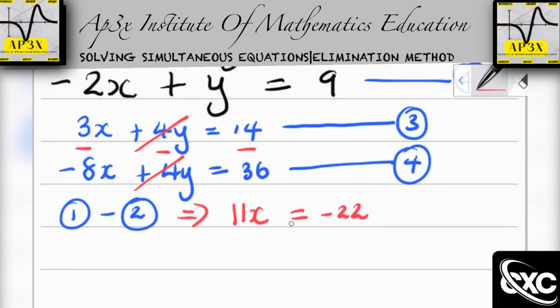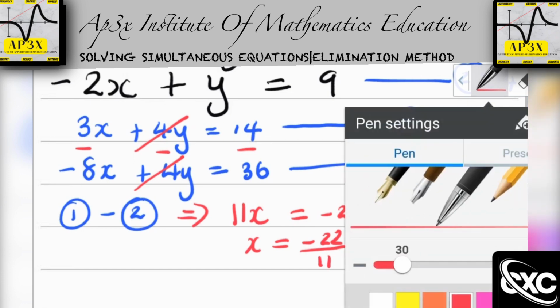So if we go ahead and divide both sides by 11 by splitting the product, you're going to find that x works out to be negative 22 divided by 11. Therefore, x works out to be negative 2. Now, since x is negative 2, we need to do a substitution.